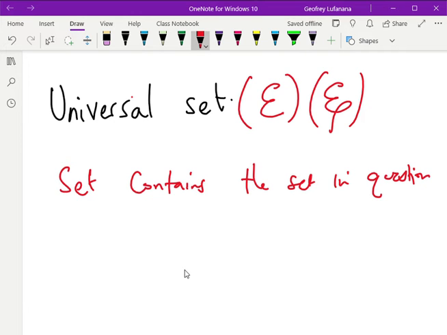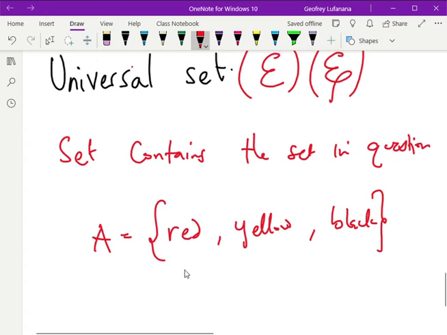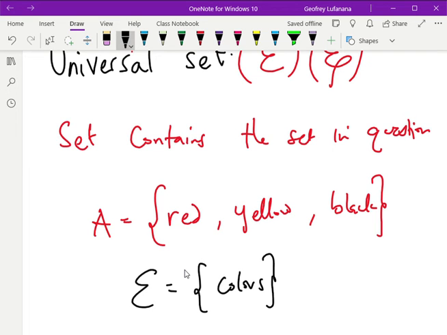If we had colors red, yellow, black, in that sort, and that is our set A. Set A would belong to a universal set of colors, because in this case the members of set A can be part of the colors.